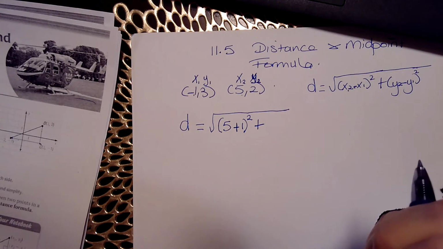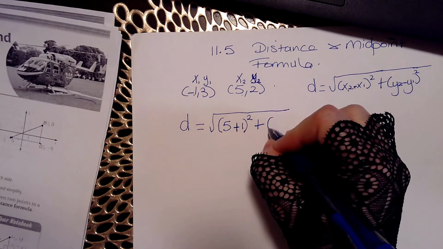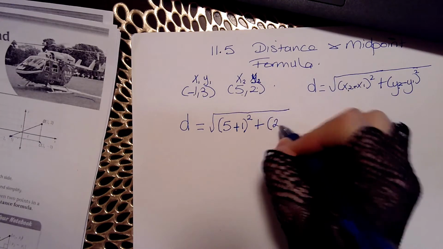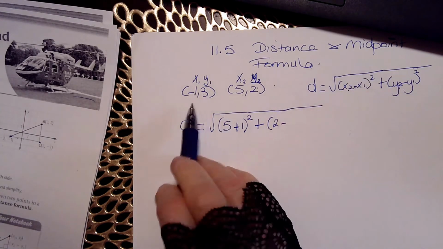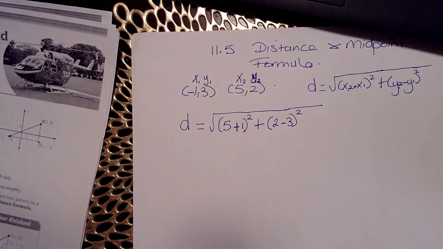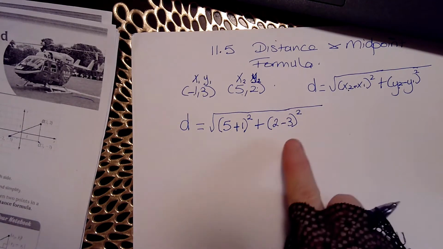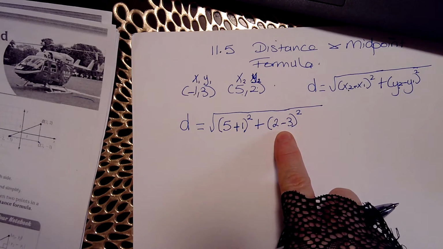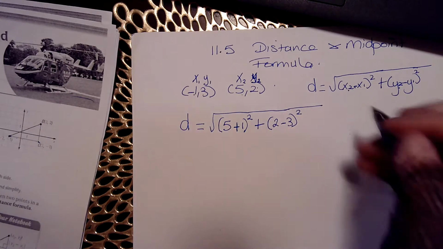You should be able to do that now. Parentheses, the second y, which is 2, minus the first y, which is 3, squared. You're going to see why squaring it will always need to be in that formula. It's like taking the absolute value. It ensures that you're going to end up with a positive.